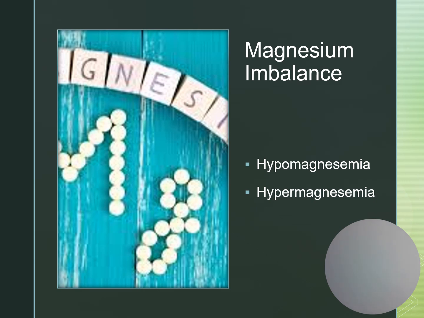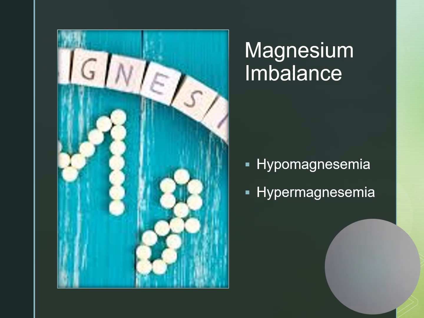Hypomagnesemia is caused by alcoholism, which is the most common cause in the United States. Diabetic ketoacidosis, renal disease, burns, malnutrition, intestinal malabsorption, diuresis, or prolonged gastric suction.